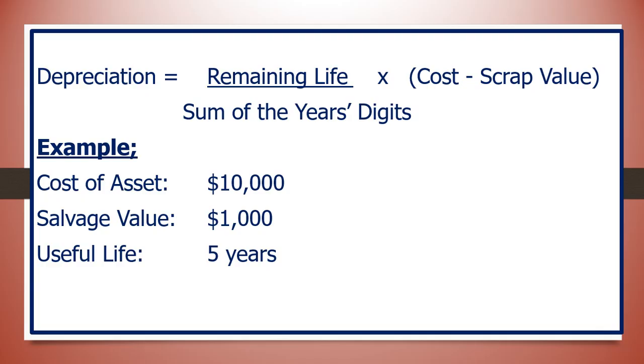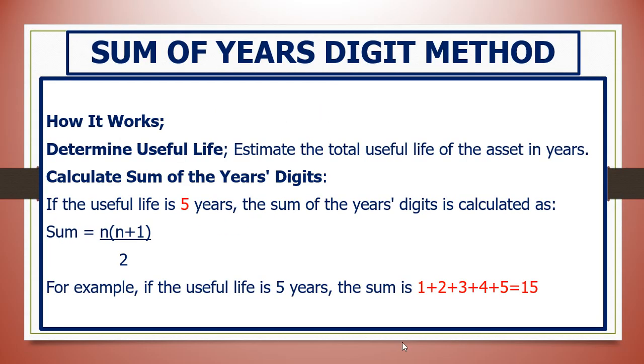If you are in year 1, if for example an asset has 5 years as estimated, the remaining life is 5 years because it hasn't worked. We are still in year 1. Therefore, the remaining life becomes 5. Then divide by the sum of years digits as computed earlier. For our case, we are considering 5 years, and therefore the sum of digits is 15.